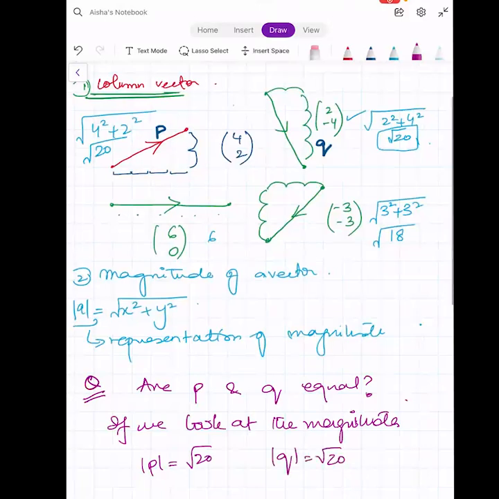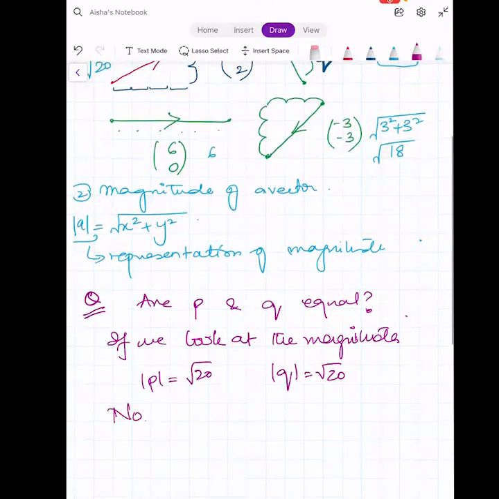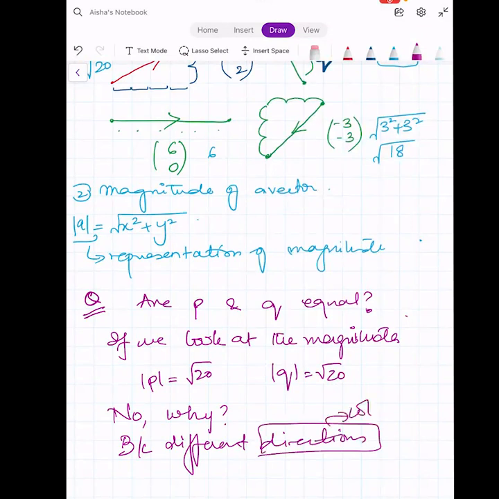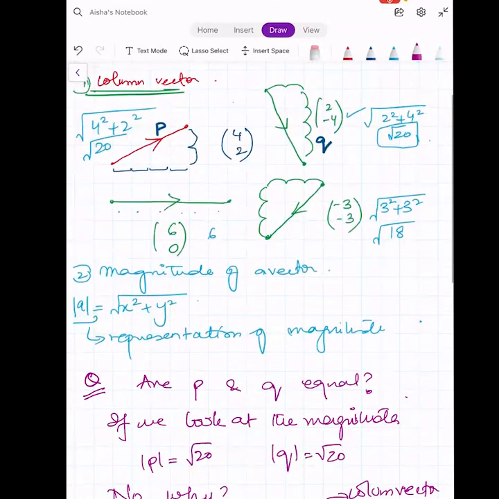So are they equal? No. Why? Because different directions. And direction is indicated by column vector. You can clearly see from the plotting, one goes in this direction and the other goes in this direction. Therefore, they are not equal.